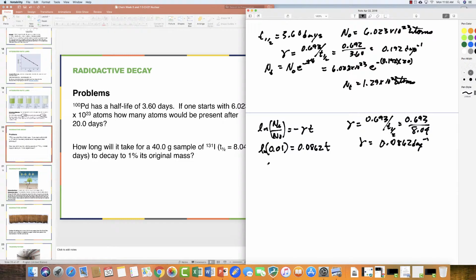The natural log of 0.01 is negative 4.605, and t is going to equal that divided by the decay constant. And so t is going to equal, and this is a minus sign there, so t is going to equal 53.5 days.